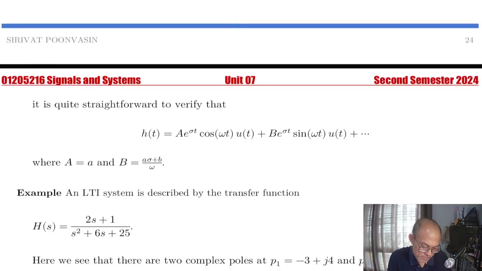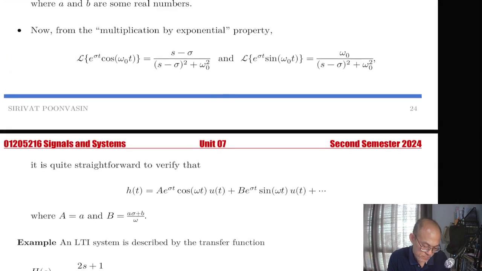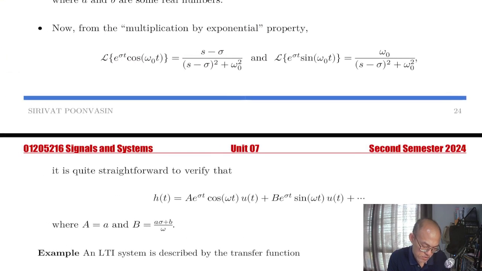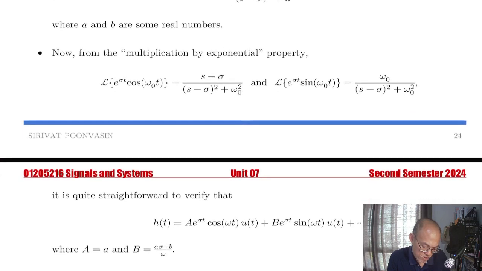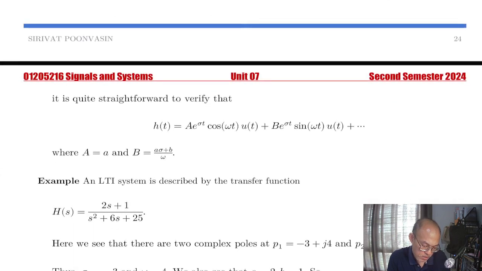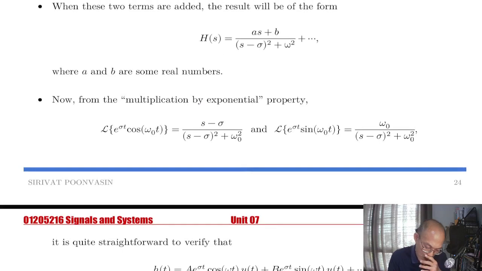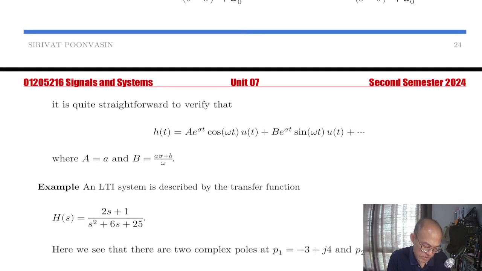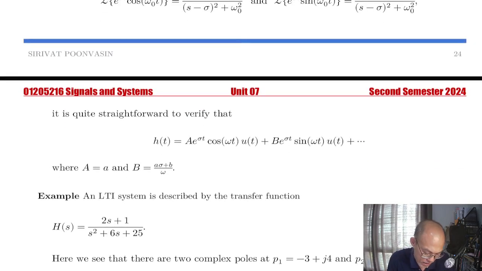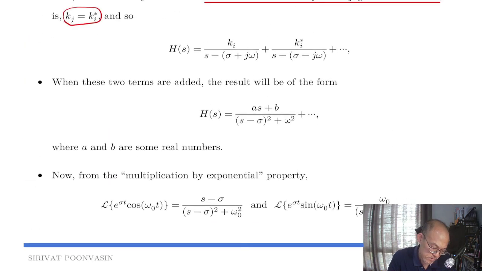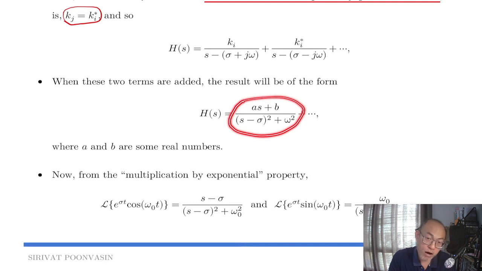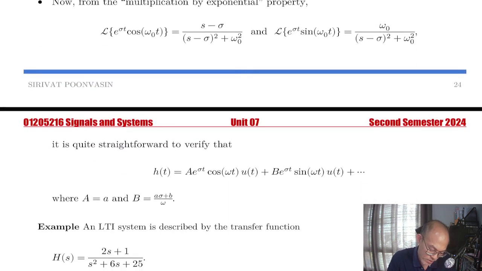Now if you do that and take the inverse Laplace transform, you find that the inverse Laplace transform of this term can be written as these two terms added together, and that would be the inverse Laplace transform of H.